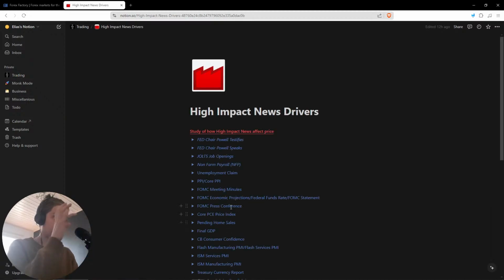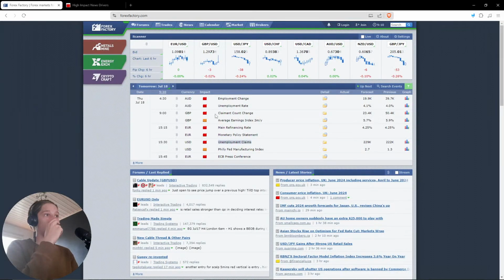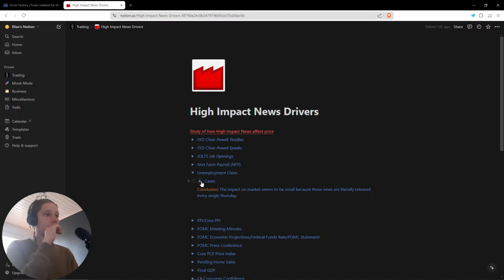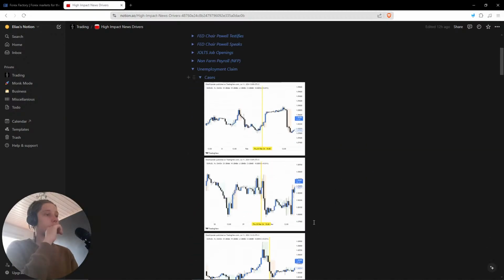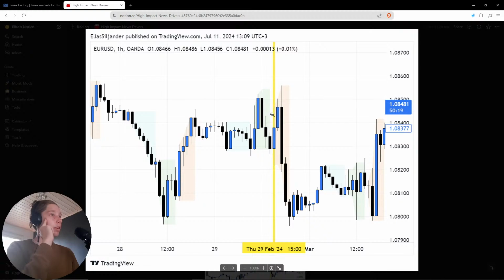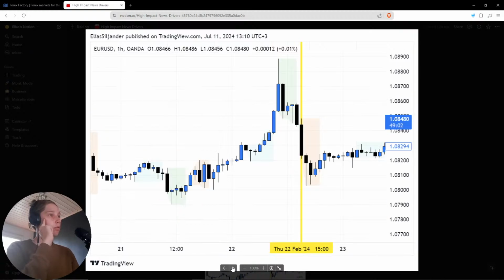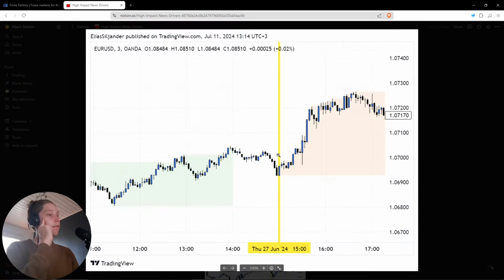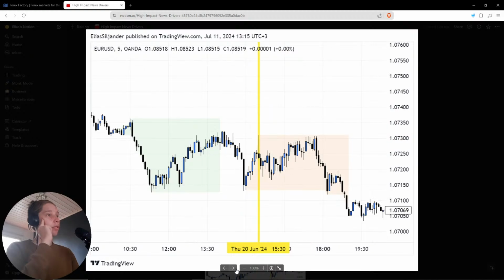But if you're looking at unemployment claims, there's only unemployment claims, nothing else. How do unemployment claims affect price? Look at that candle. Like a small candle. Like a little bit bigger candle, but manageable. So you can see how the volume is sometimes not there.